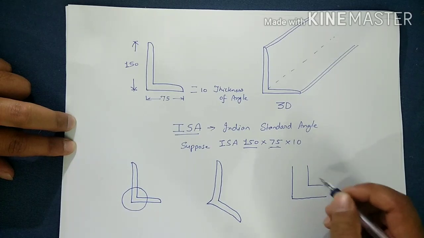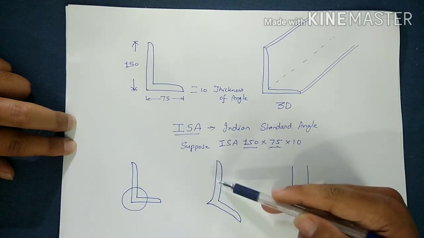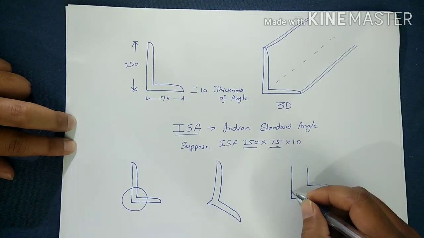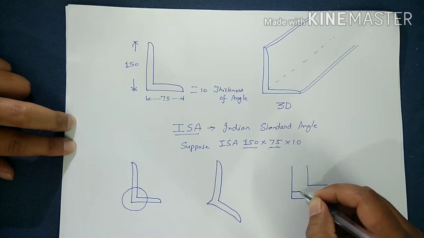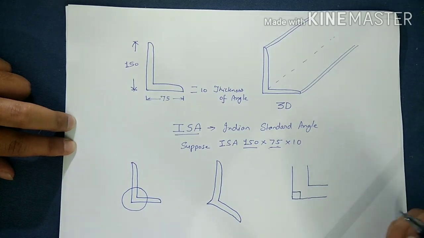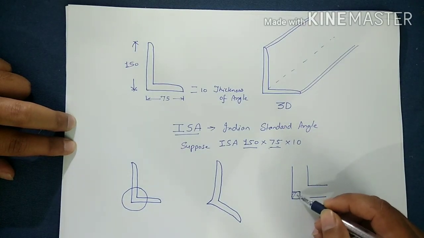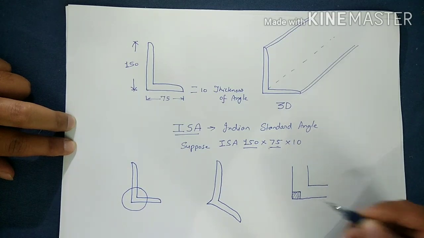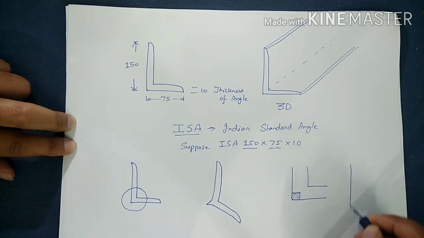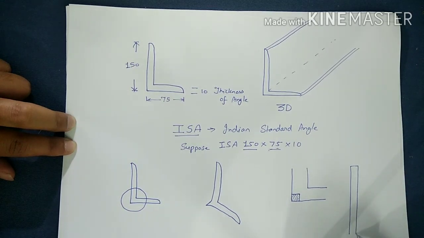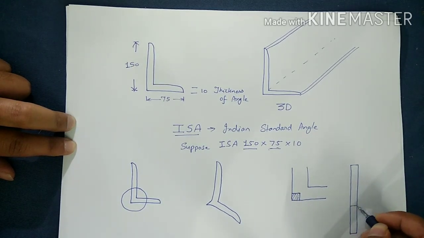For proper straightening of this angle's legs, we have to reduce this part. If this part is eliminated, it can easily form a straight plate.